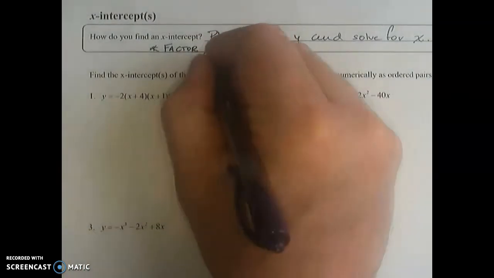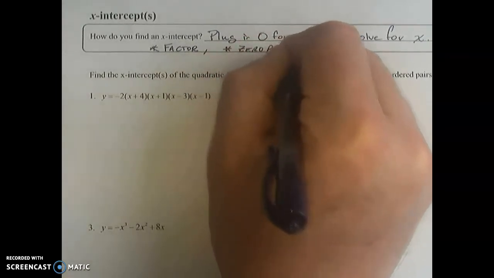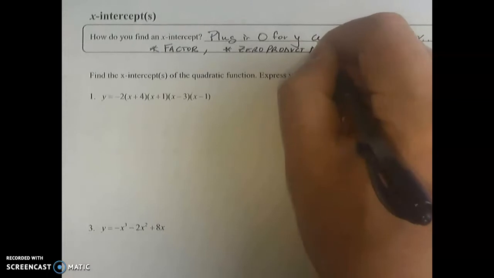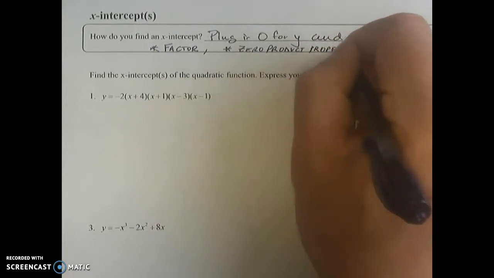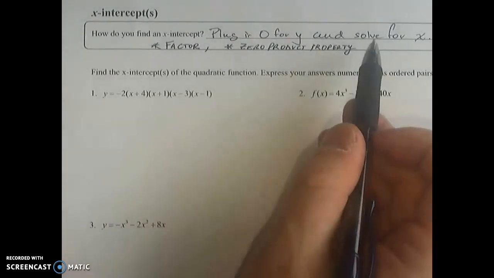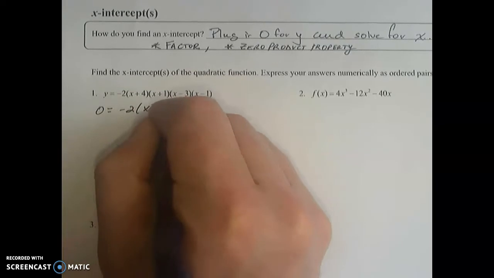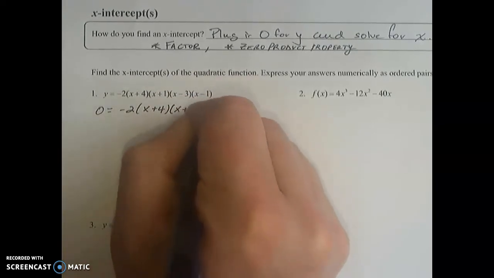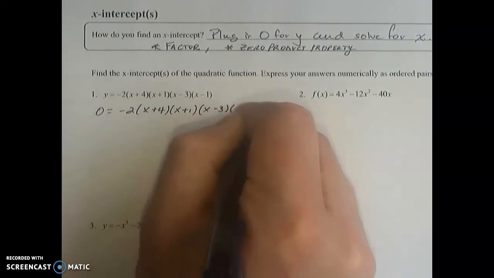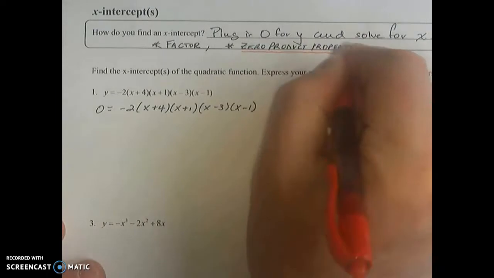And then, just like in a couple previous units, to solve for our x values, we're going to think of that zero product property where we're setting all of our factors equal to 0. So let's start by plugging in 0 for y here in number 1, and we're going to solve for x. Zero product property, I'll underline that in red because that's what we're going to use here.